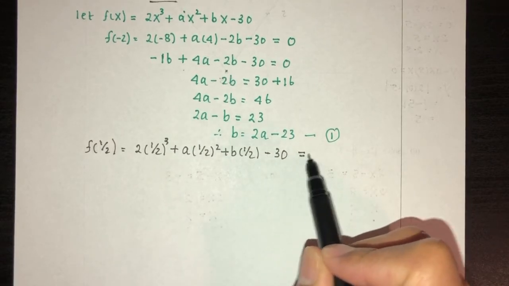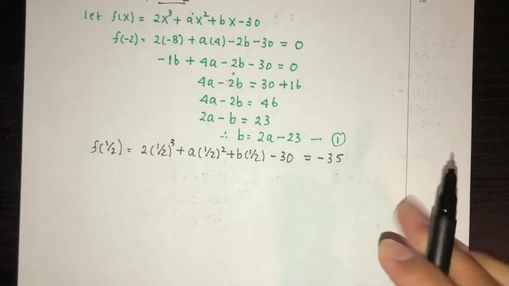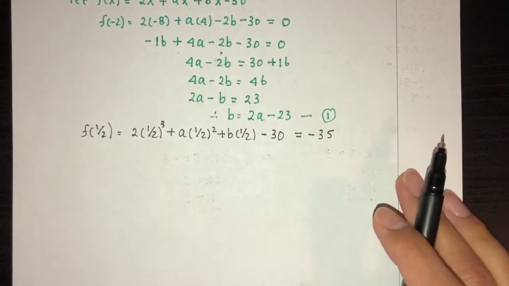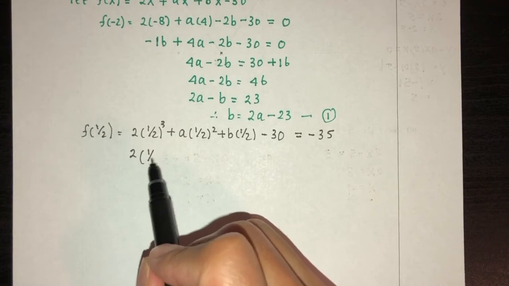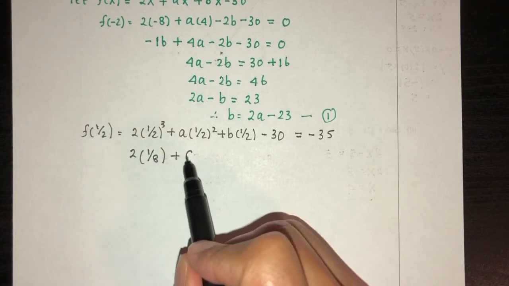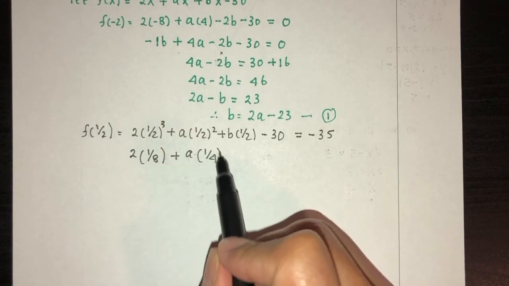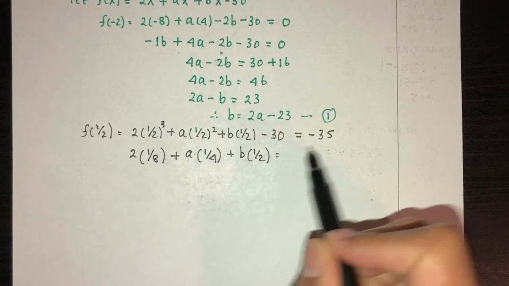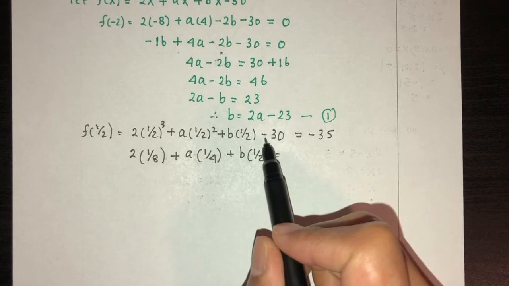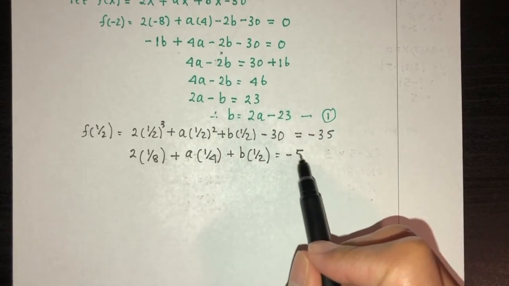That should give you a remainder of minus 35. Now we can simplify this. You will have 2 times 1 over 8 plus a times 1 over 4 plus b times 1 over 2 is equal to minus 35. We send this here, it becomes minus 5.